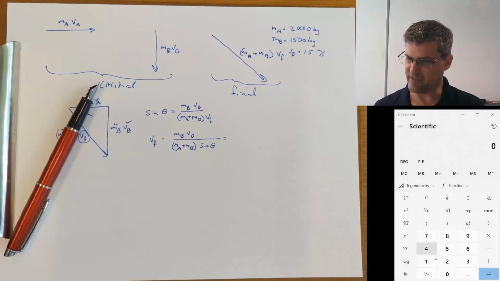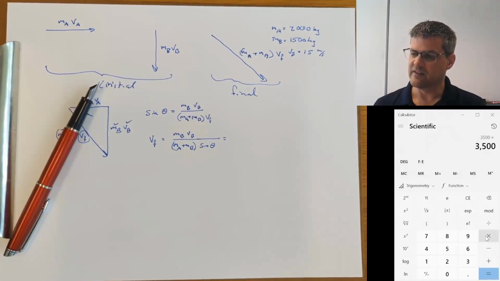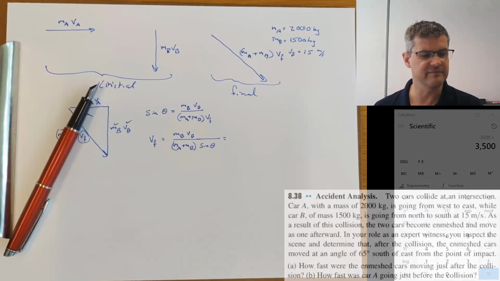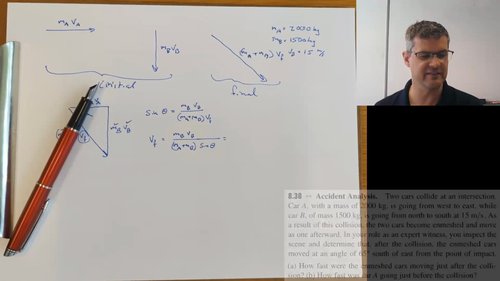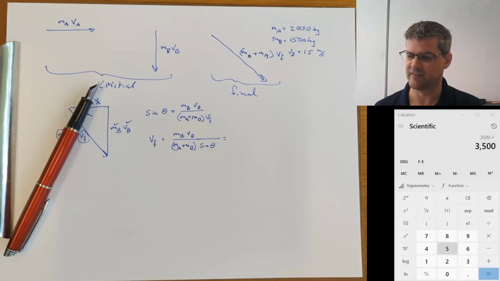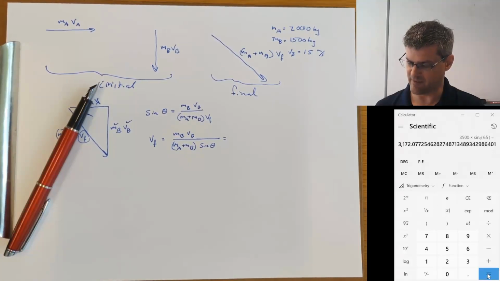MA plus MB is 2,000 plus 1,500 times the sine of 65 degrees is equal to this.